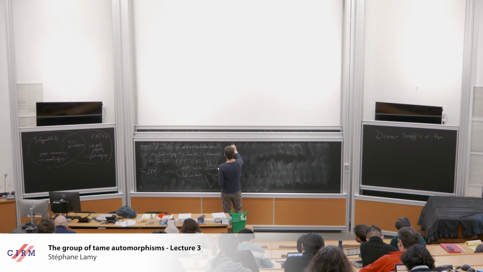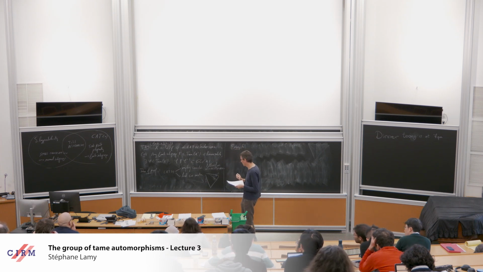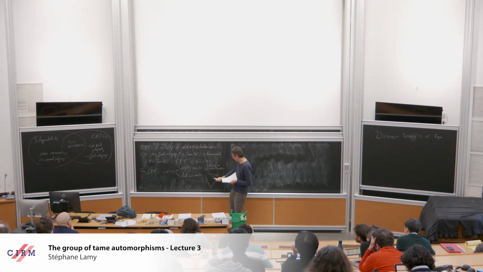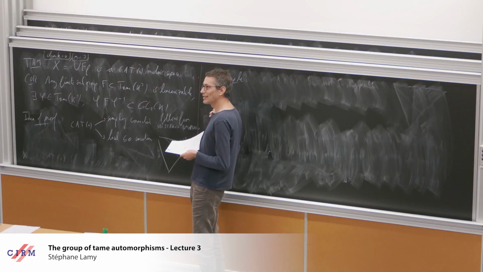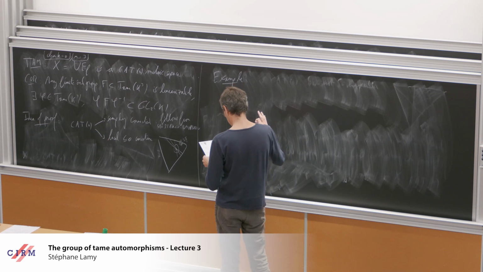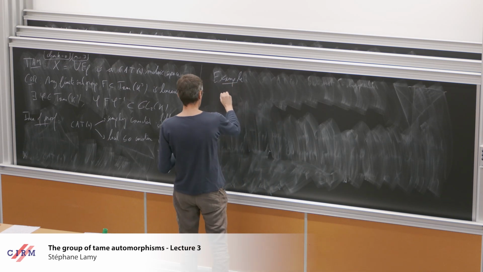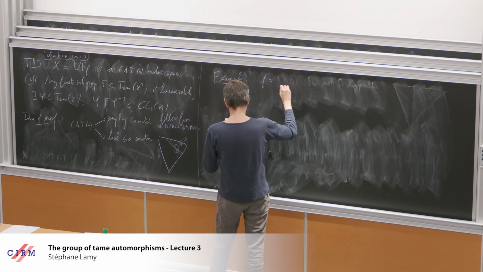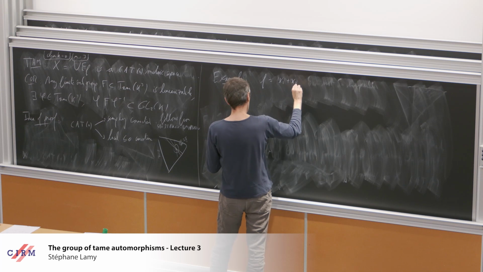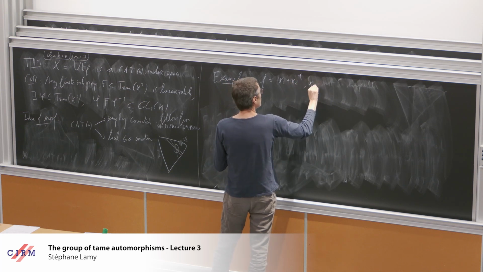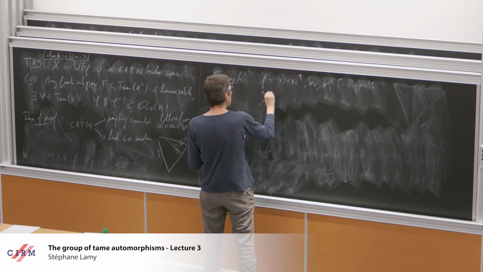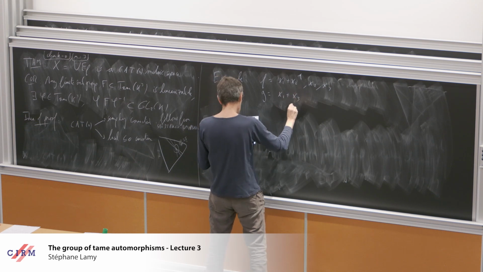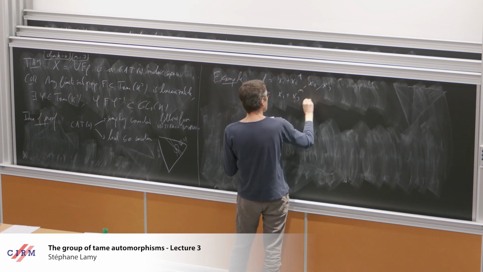So, example. What is this 2 pi? I'm going to do this example again, and if the question is still there, ask me. Okay, so f is going to be (x1 + x2^q, x2, x3), and g is going to be (x1 + x3^m, x2, x3).